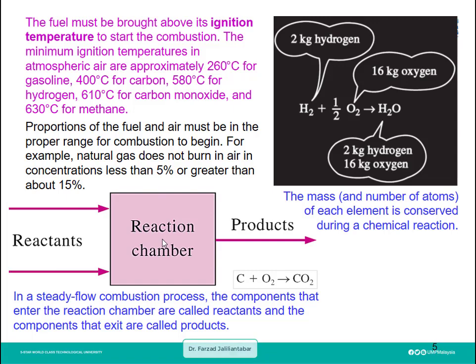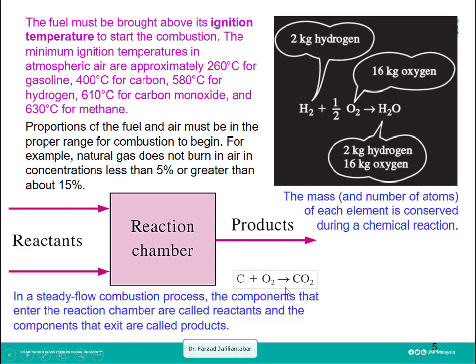A combustion reaction is actually a reaction between the reactants to produce products. The substances which are present before the reaction are called reactants, and the substances which are formed after the reaction are called products.